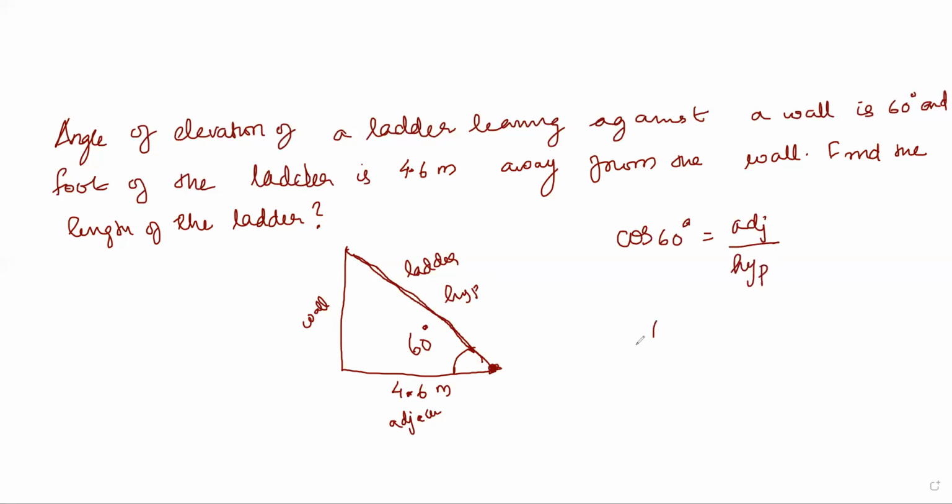So cos 60 we know it is 1 by 2. Adjacent side here it is 4.6. Hypotenuse is what we have to find out. So hypotenuse is equal to 4.6 into 2. That is 9.2 meters. So the length of the ladder, which is hypotenuse, is 9.2 meters.